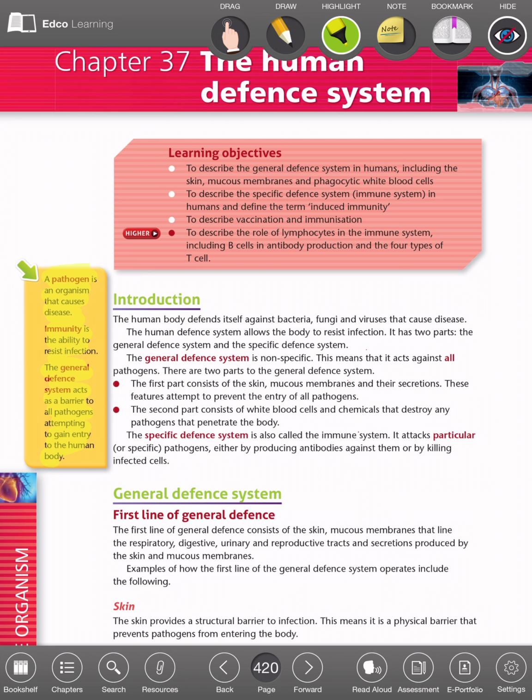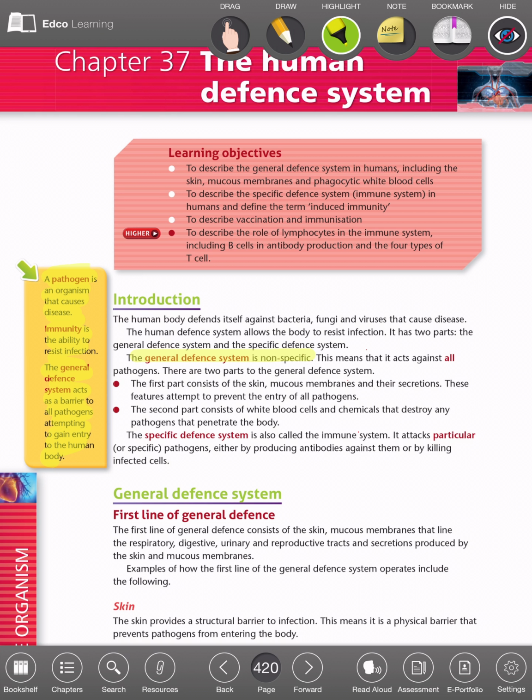The human defense system allows the body to resist infection, and it has two parts: the general defense system and also the specific defense system. So the general defense system is non-specific, okay? And this means that it acts against all pathogens, and there are two parts to the general defense system.